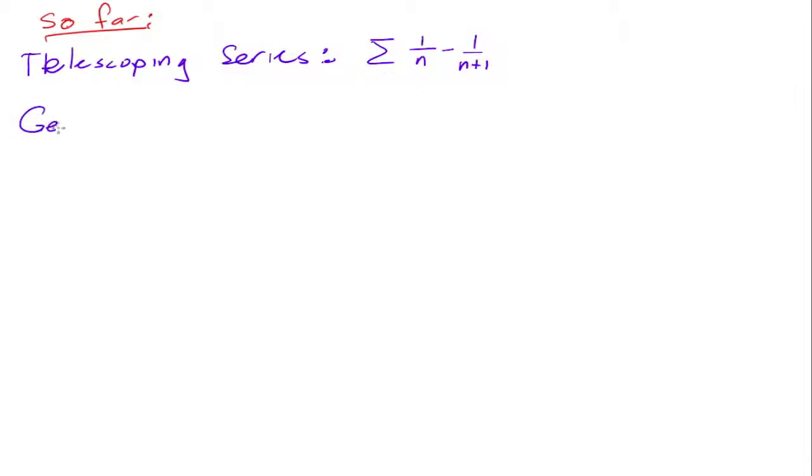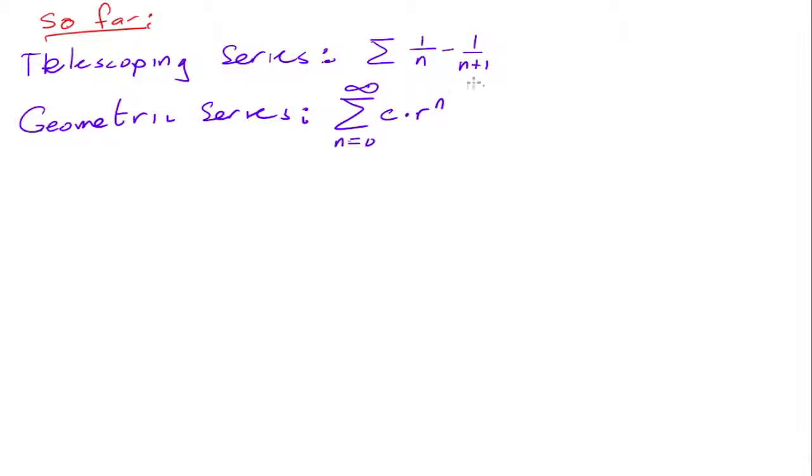And then we have the second kind of series, geometric series. These look like c times r to the n, starting at 0. So you have a constant c times r, which is called the ratio, raised to a power.